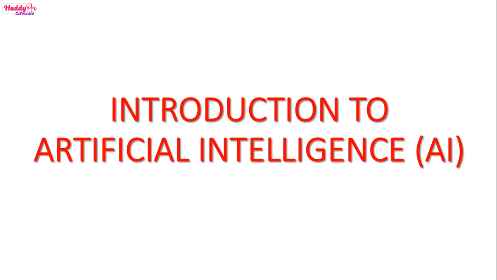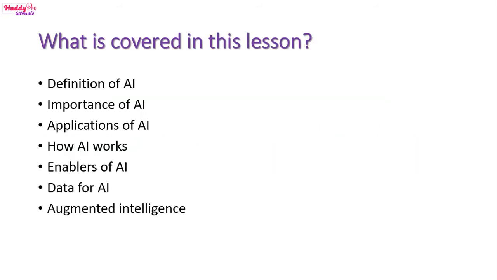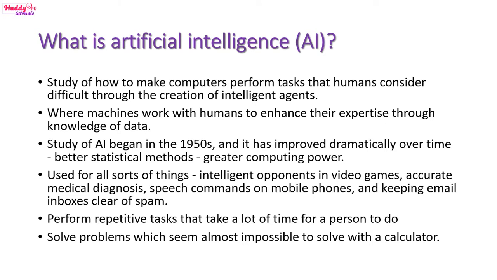Today we're going to talk about the introduction to artificial intelligence, which we call in short AI. This lesson will cover the definition of artificial intelligence, importance of artificial intelligence, applications, how AI works, enablers of AI, data for AI, and augmented intelligence. So let's first of all understand what artificial intelligence is.